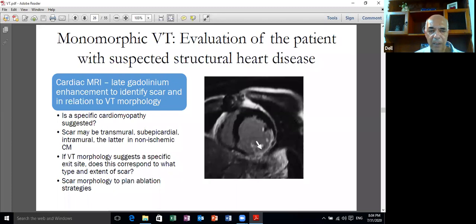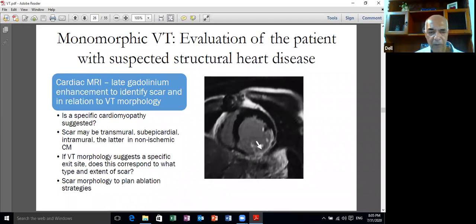Now, the presence of the scar is very helpful because even if the electrophysiologist localizes the arrhythmia by any method, like activation mapping or pace mapping or substrate mapping or entrainment mapping, the presence of the scar will help him to localize it. And if his localization matches the location of the scar, that gives him more confidence that he is going in the right direction.